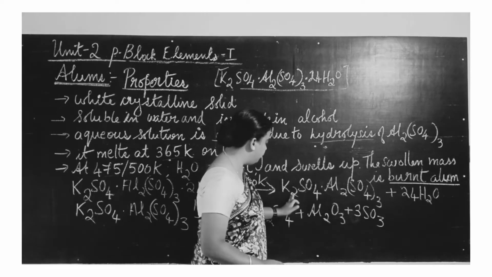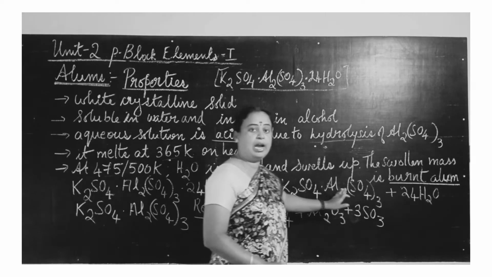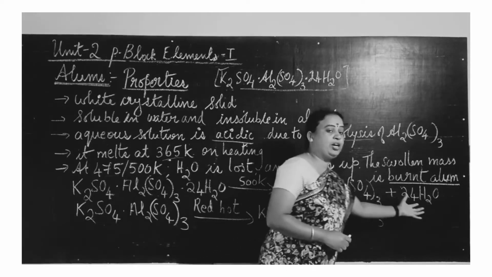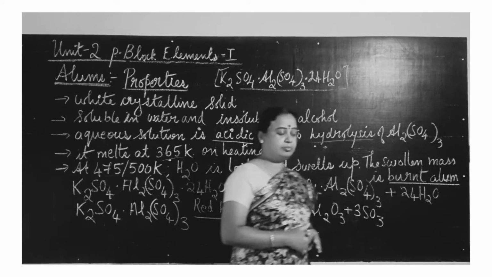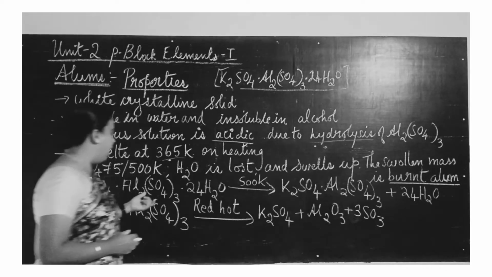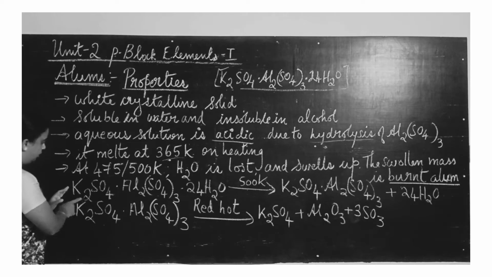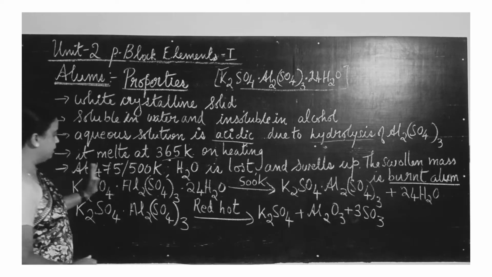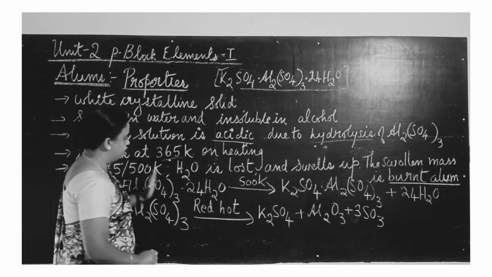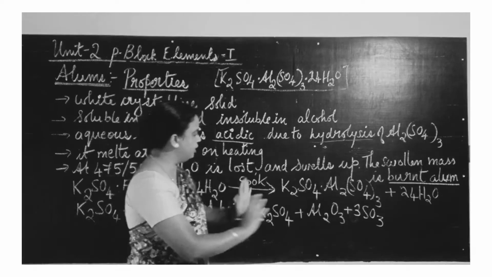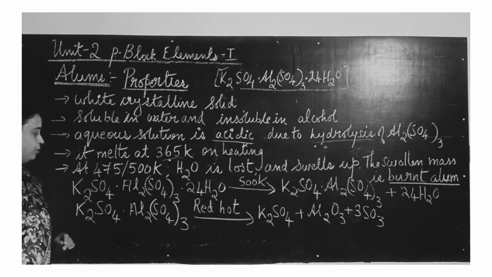So the burnt alum formula is K2SO4, Al2(SO4)3, and 24 water molecules are lost. Now let us balance this equation. K2SO4 as it is, Al2(SO4)3 is also as it is, 24 water molecules on the left hand side, on the right hand side also 24 water molecules, so it is balanced. So we need not consider it.